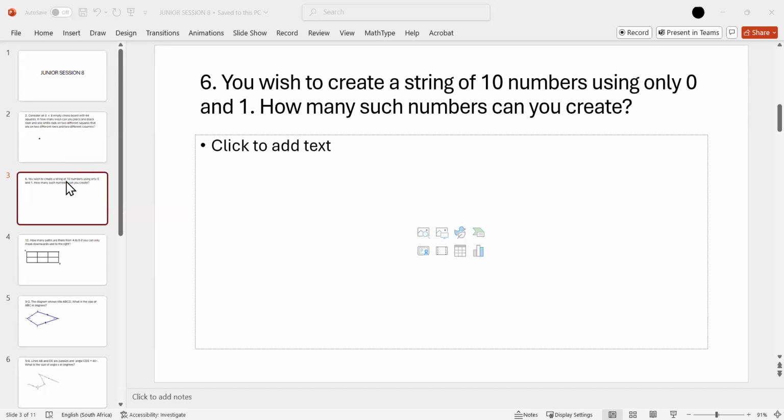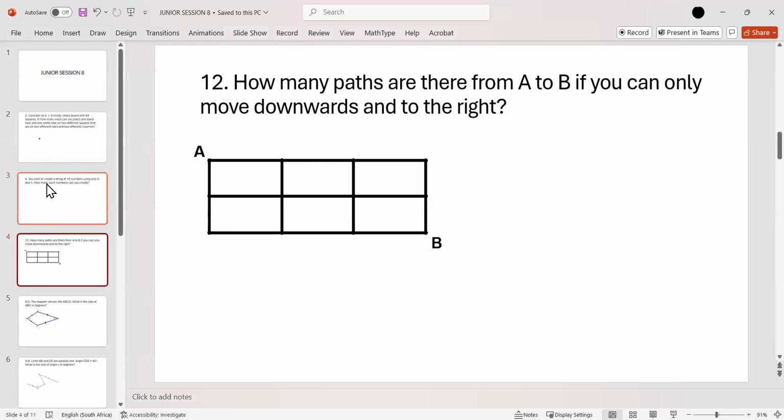So now we're going into the next one. Again, it's a counting problem. How many paths are there from A to B if you can only move downwards and to the right?